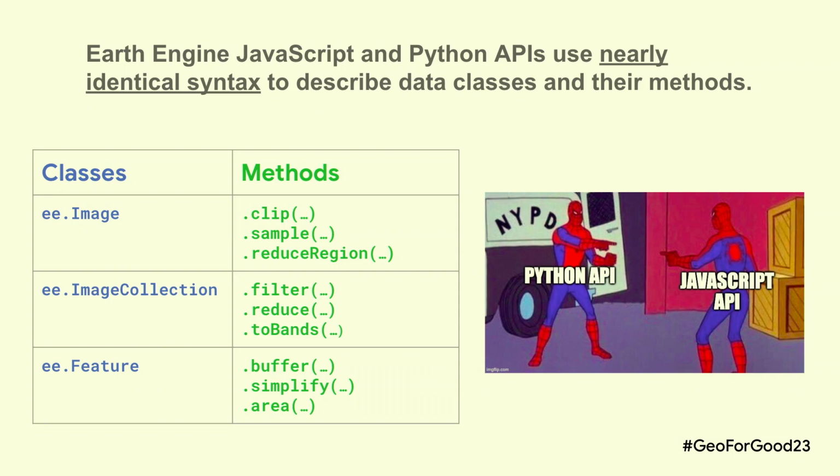If you have an image, for instance, you could clip it to some region, you could sample a bunch of pixels, you could reduce a region of pixels into a statistic. And so whether you're working with the Python API or the JavaScript API, it's with this Earth Engine language.